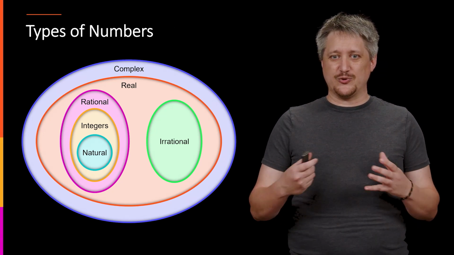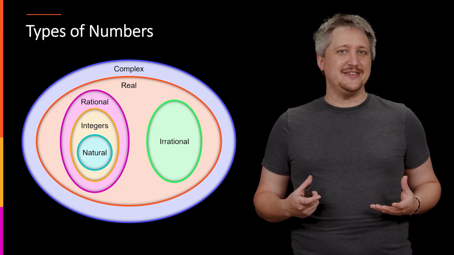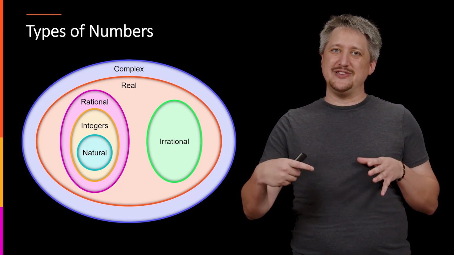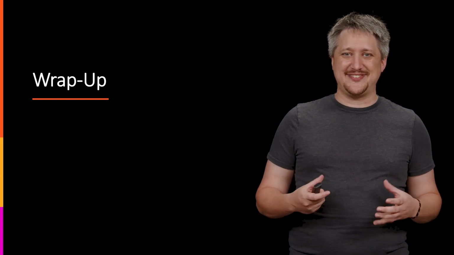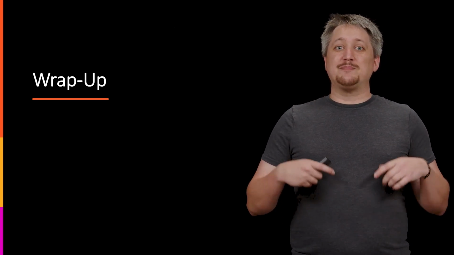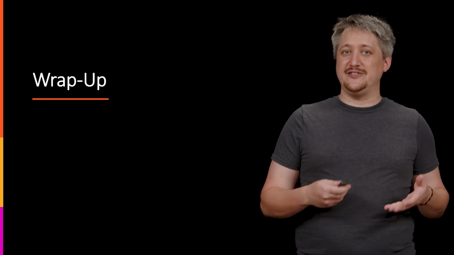Okay, so this is our nice little infographic showing how these things are all interrelated. So what did we do? We talked about the types of numbers. We started with the smallest set, the natural numbers. Then we went up a grouping to the integers, which are the natural numbers, all those positive whole numbers, but now including the negatives and 0.